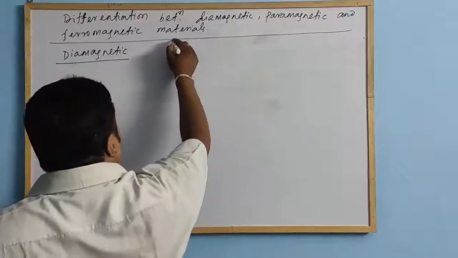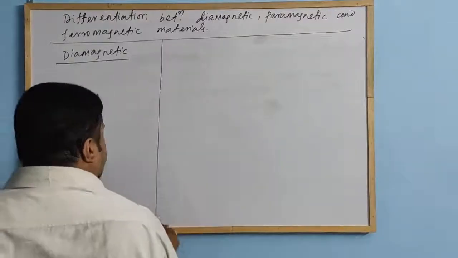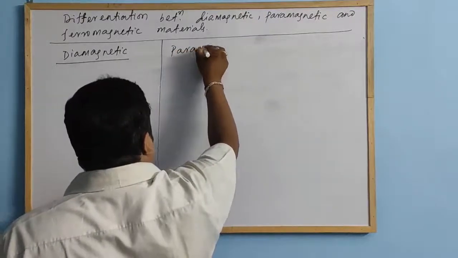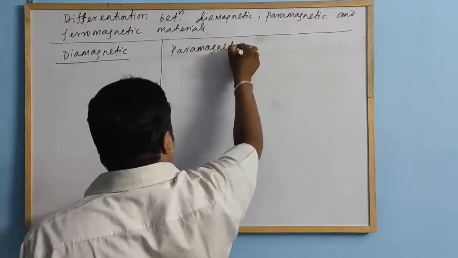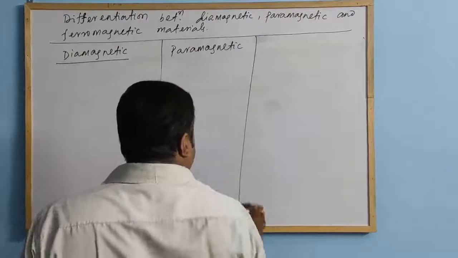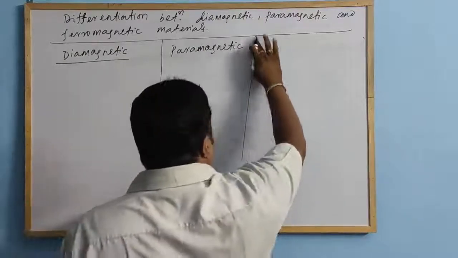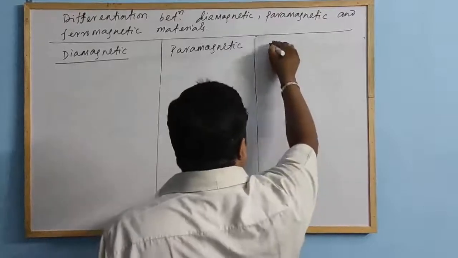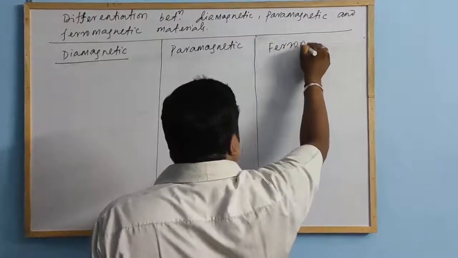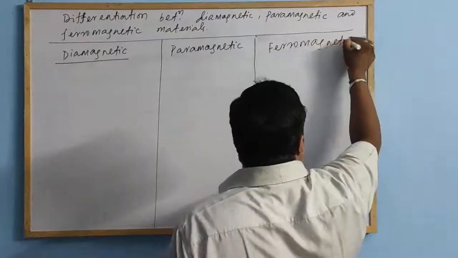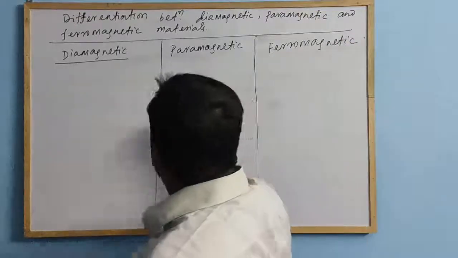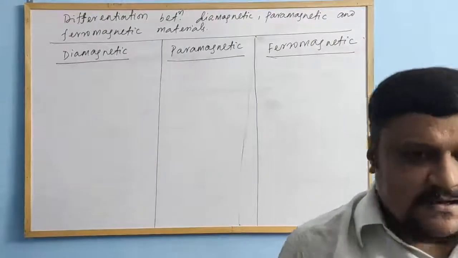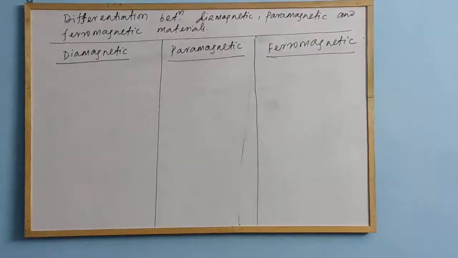Then I will make this in three halves: diamagnetic, paramagnetic materials, and the last one, the ferromagnetic materials. We will discuss in the differentiation form.